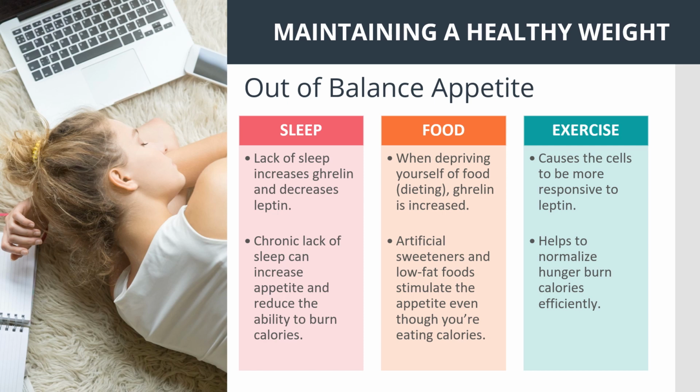We know that artificial sweeteners in coffee, Diet Coke, Diet Pepsi, diet sodas, and low fat or no fat foods really stimulate your appetite even though you're eating calories. So limiting those would be another step. And also moving more, exercise, is going to help with responsiveness to that leptin, or that satiety hormone.